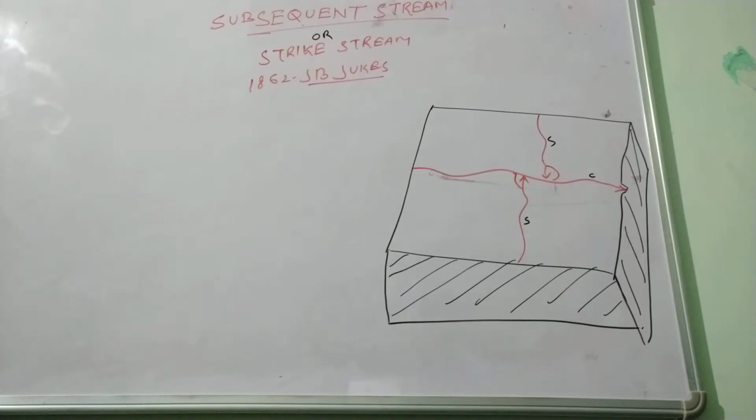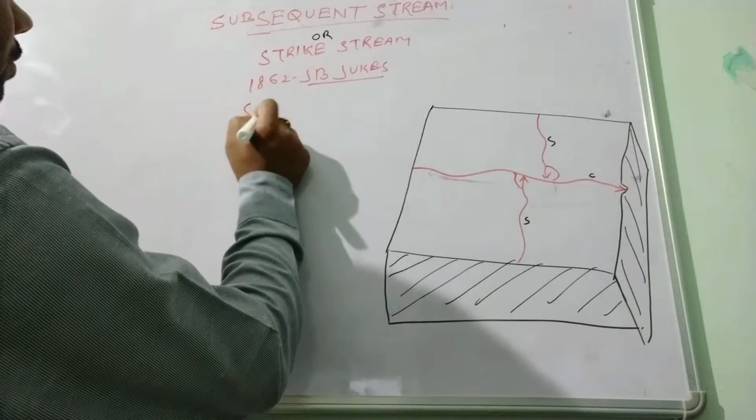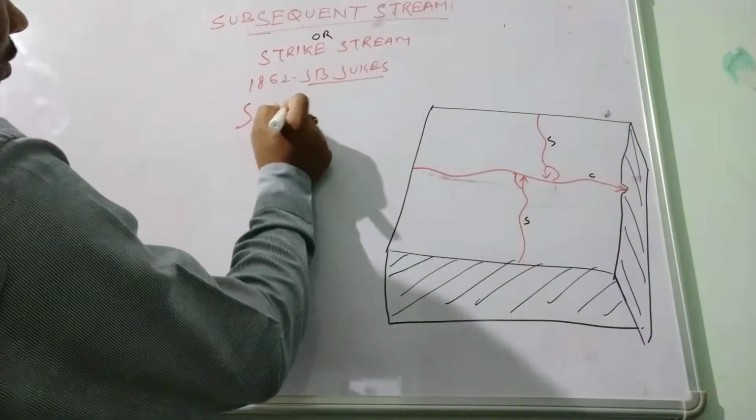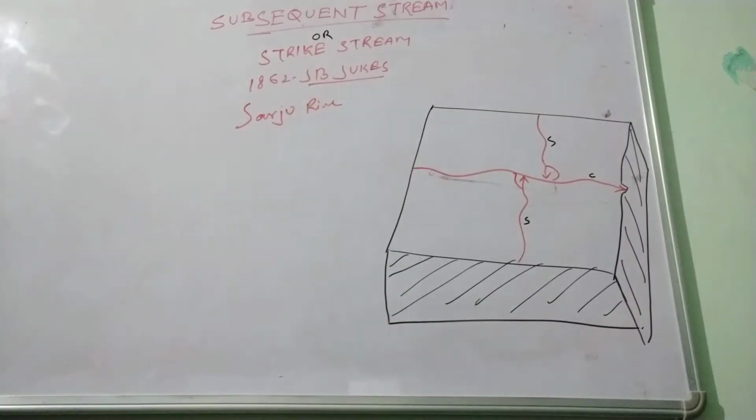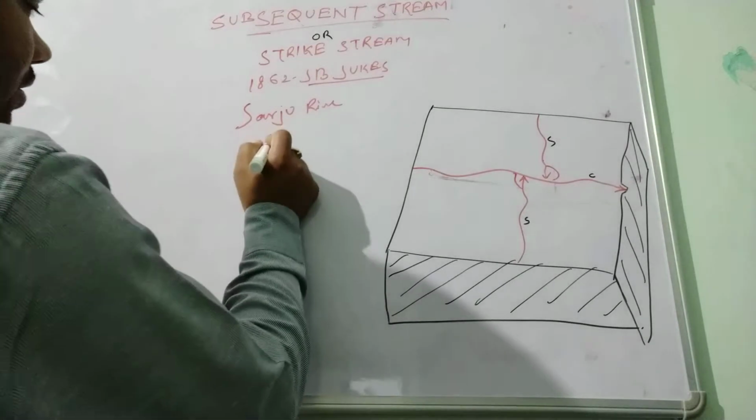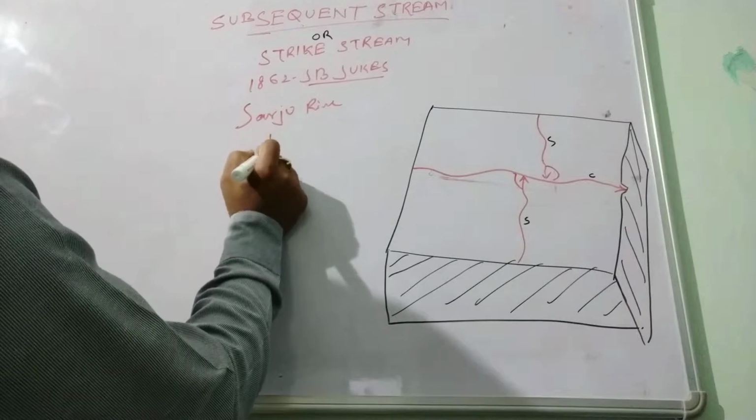However, according to Inayat Ahmed, the subsequent streams are transverse to the master consequent stream. For example, the Surju River, which joins the master consequent Kali, is a subsequent stream.